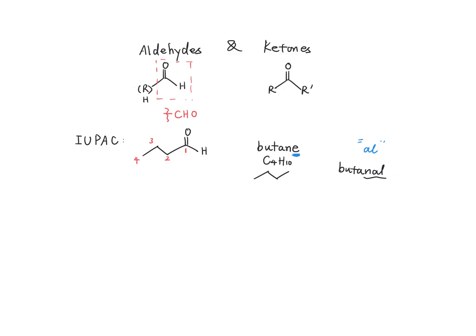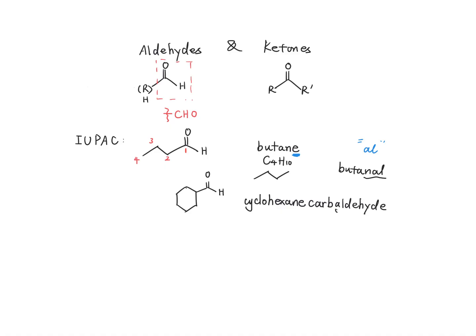So what if we have the aldehyde group on a cyclic substituent? Since aldehyde still is our functional group, we will indicate that it's still an aldehyde. For this aldehyde, first of all, we are going to call out what the substituent is. For this substituent, we have cyclohexane. We'll show that cyclohexane, and then the aldehyde is called carboaldehyde.